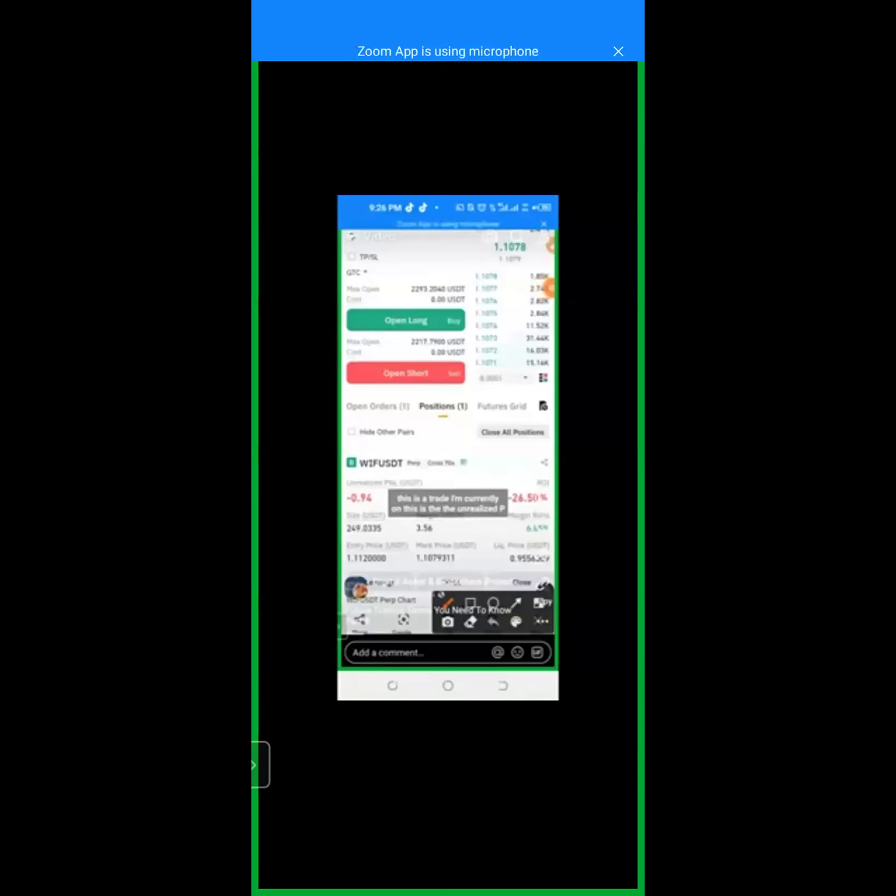This is the unrealized P and L. It is negative, minus 0.94, because currently the return on investment is down. The coin is down. This is my entry price, 1.1112, and this is the current price. So the coin has gone down from my entry price, so it's down by minus 26% because of my size.